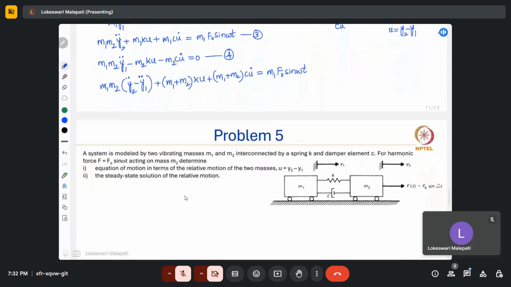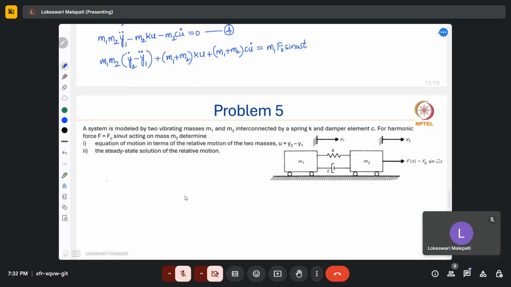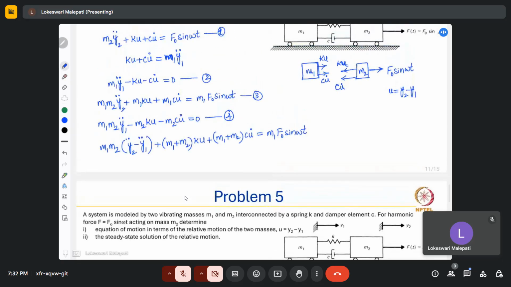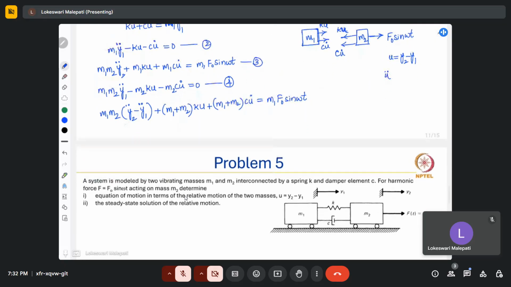Now we can just divide the whole equation with M1 plus M2, and also this thing y2 double dot minus y1 double dot is nothing but the relative acceleration of these two masses, which is u double dot. We can replace this term with u double dot.